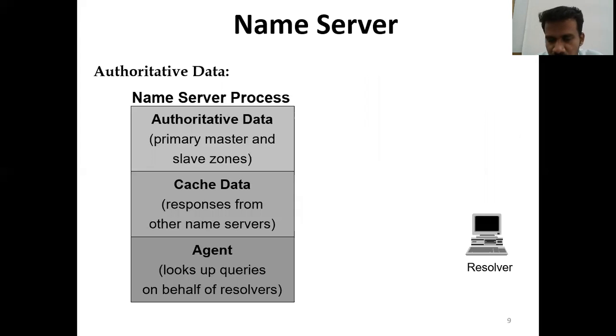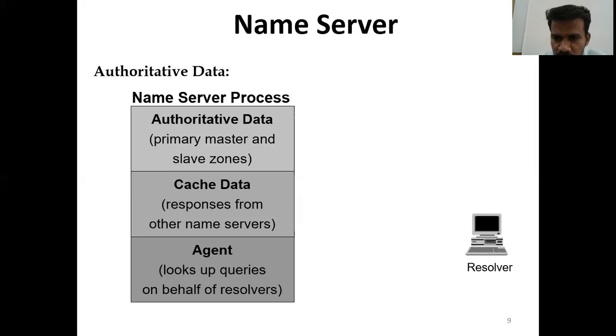Suppose I write www.google.com, the google.com IP address will be checked first inside your own local system. If a local system, that is a desktop or a laptop, couldn't find the IP address of www.google.com, then it sends your query to a resolver. That resolver is nothing but the internet service provider.